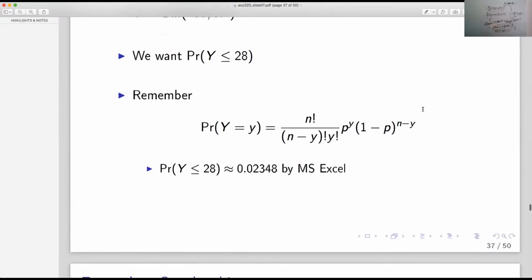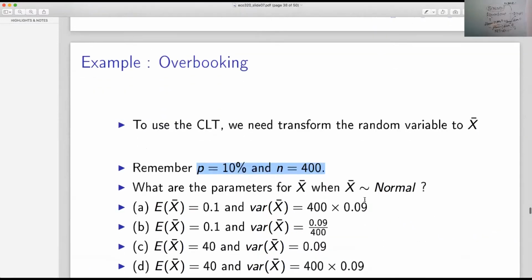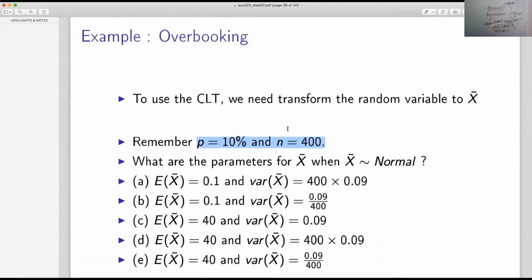That was how you get the answer using the binomial distribution based on chapter 5, but this is based on chapters 6 and 7, because as the sample size becomes very large, using the central limit theorem, X bar can be approximated by a normal distribution, right? So we are going to see whether that would work.